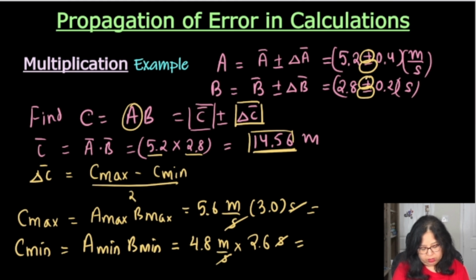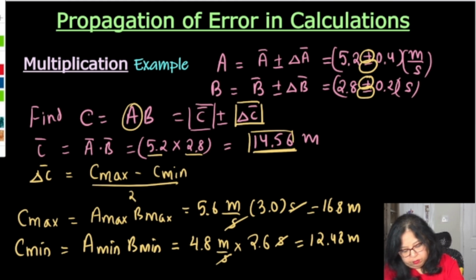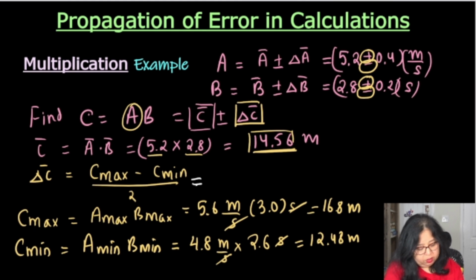5.6 times 3 is 16.8 meters. 4.8 times 2.6 is 12.48 meters. All right, so what will be delta C bar? 16.8 minus 12.48, divided by 2. What do I get?